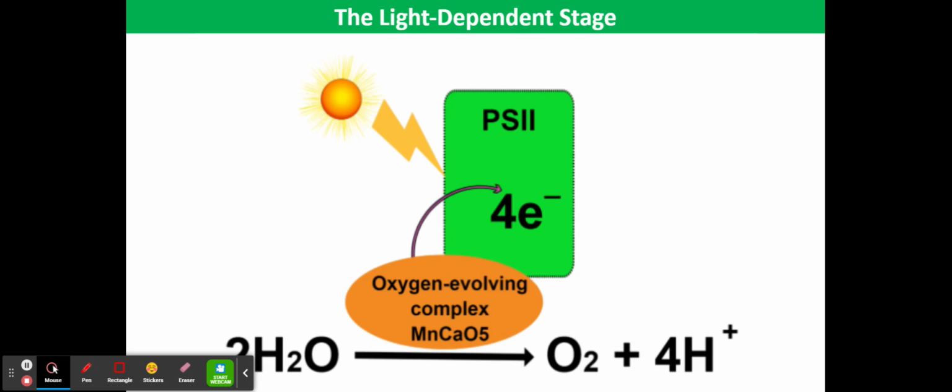Some of the oxygen produced during photolysis is used by the plant cells for aerobic respiration. But during periods of high light intensity, the rate of photosynthesis is greater than the rate of respiration in the plant. So much of the oxygen byproduct will diffuse out of the leaves through stomata into the surrounding atmosphere.